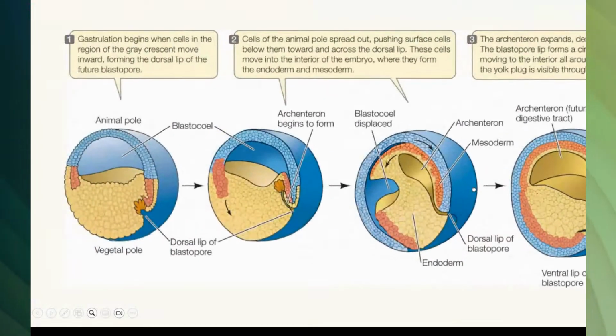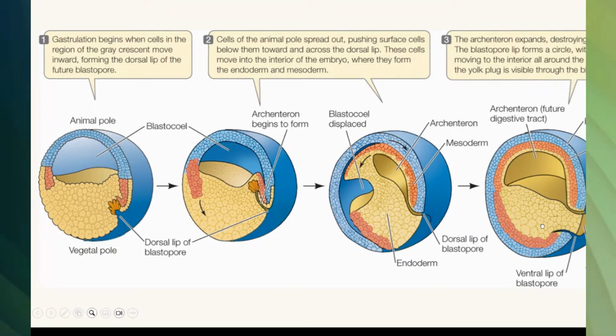When you look at the amphibian embryo, from the sides you have the dorsal lip of the blastopore, which starts the movement like this, and gastrulation happens. They are moving inside, the archenteron begins to form, and the blastocoel will be slowly displaced. The endoderm and mesoderm are both going inside, whereas the ectoderm is completely covering it.